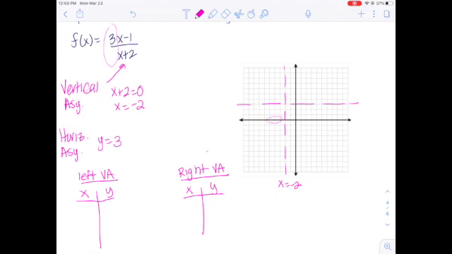So pick the 3 x values to the left that are -3, -4, and -5. And then 3 x values to the right, -1, 0, and 1. And plug them all in.